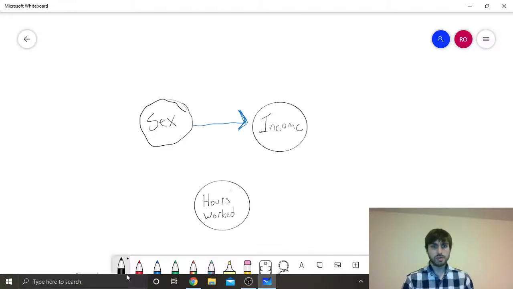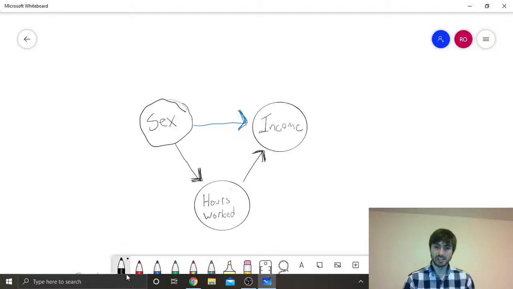And most people draw the directed acyclic graph of this relationship like this, where women work fewer hours, and working fewer hours causes you to earn less income.